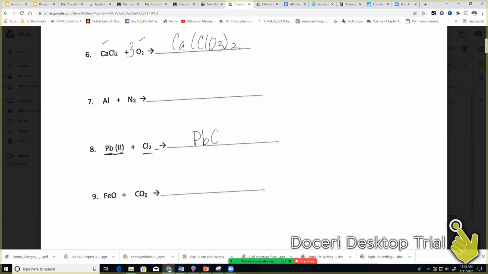So when it combines with the chlorine, then it has a +2. That's something that I would have to give you or tell you because you don't know what it's going to be. Here, I don't have to do that. I can tell from what this is combined with that the iron is a +2. If it's a +2 on your reactant side, it's a +2 on your product side. So that's just something you have to know to be able to complete the reaction.